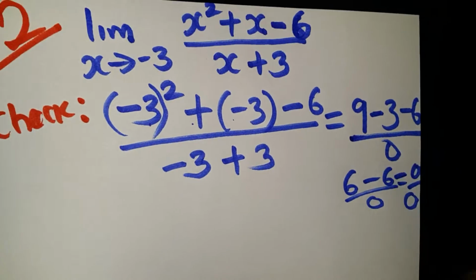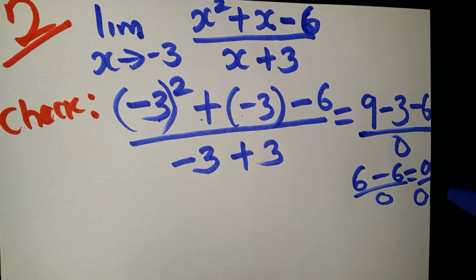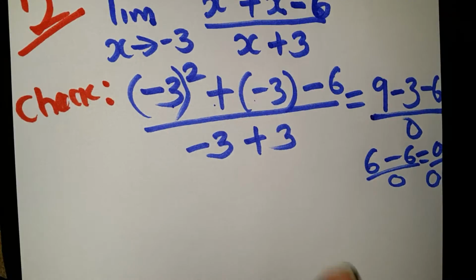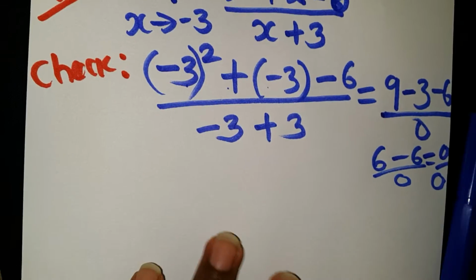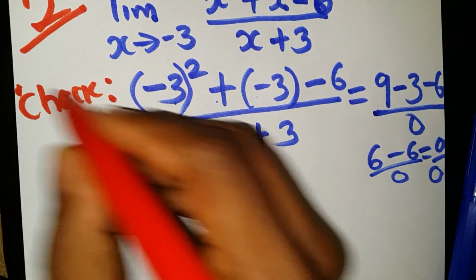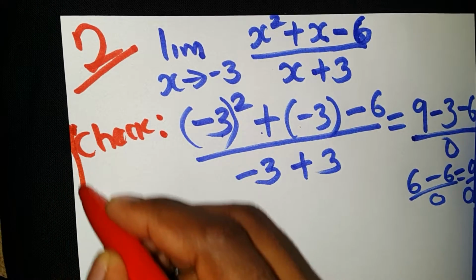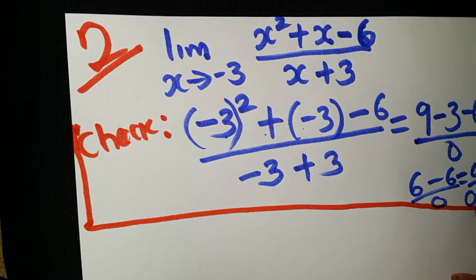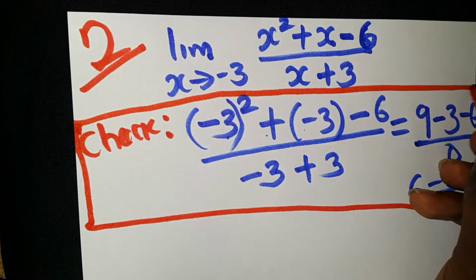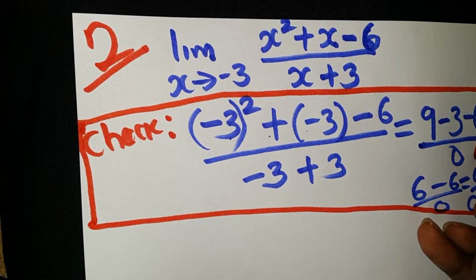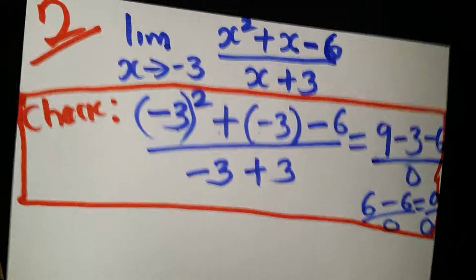So this is still an indeterminate form. We can't leave our answer to be this. We still have to follow the same method. We still have to repeat the same method I did in the previous example, because this is indeterminate form.